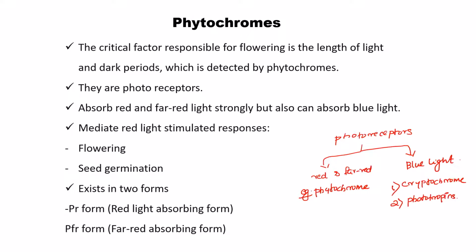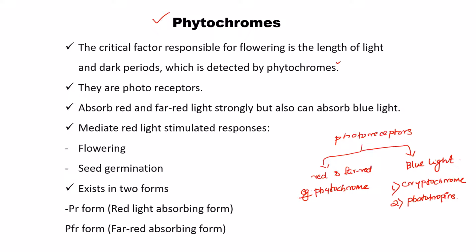Okay. So here in this video we are going to discuss the red and far red absorbing photoreceptor, phytochromes. Phytochromes absorb red and far red light. The critical factor responsible for flowering is the length of light and dark periods, which is dictated by phytochromes.